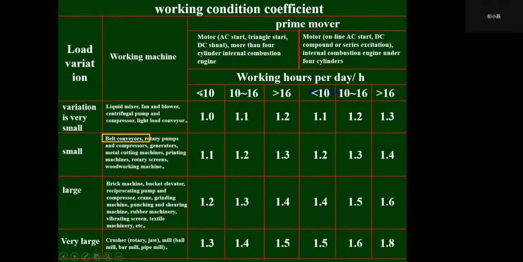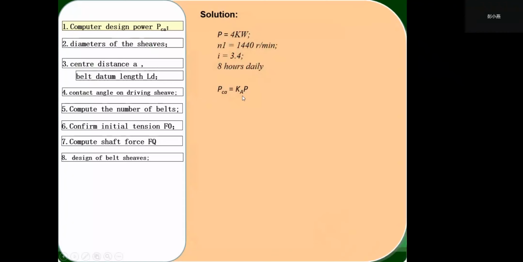So the working hours per day is less than 10, okay? So we choose 1.1. So KA is 1.1. Then we calculate PCA is 4.4, okay?